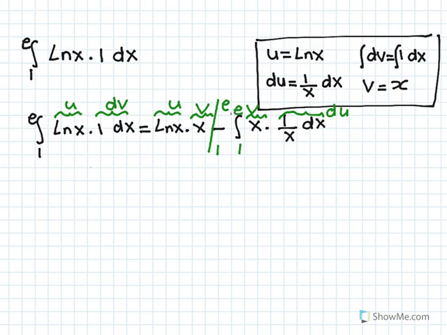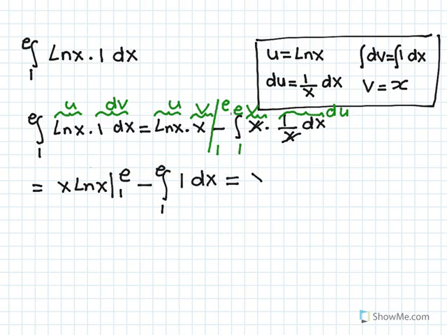Alright, so the integral from 1 to e of log x dx will be equal to x log x from 1 to e, minus the integral, the x's cancel out, and we get the integral from 1 to e of 1 dx.